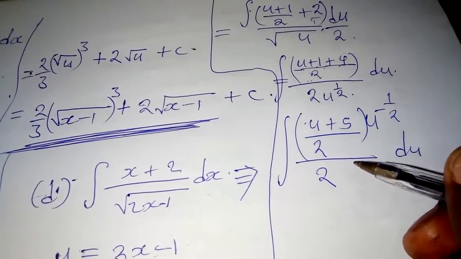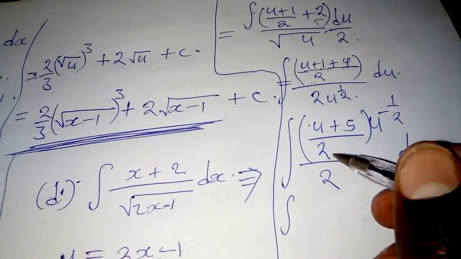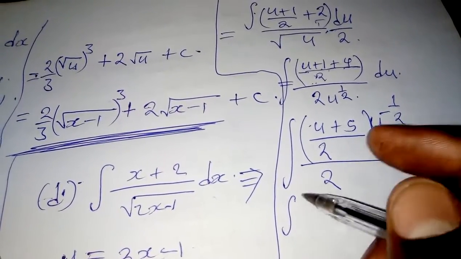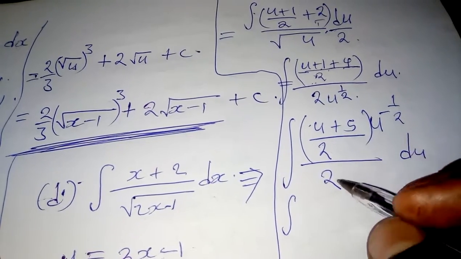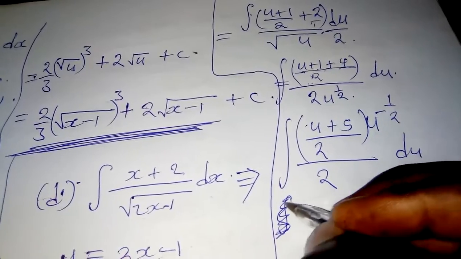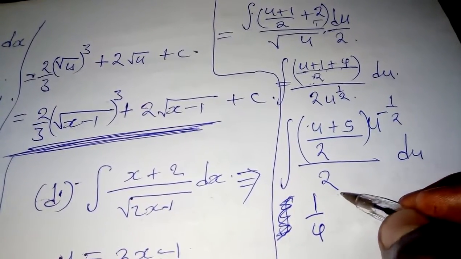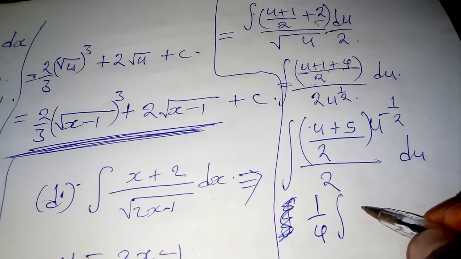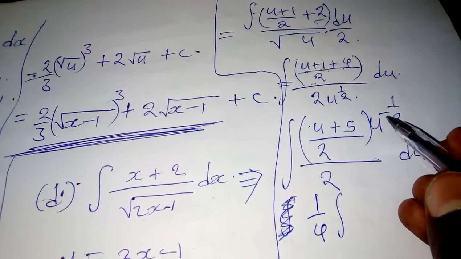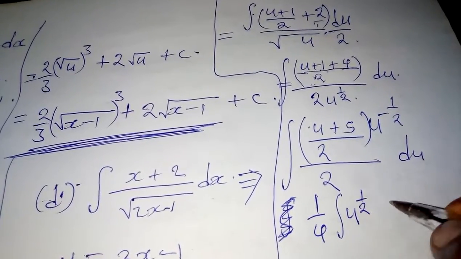So here it's now straightforward. Yeah, we can just simplify it further before we even start integrating. So when you divide this by that, let me just write it here for simplicity's sake, 1 over 4, then the integral of, when you multiply this u to the power negative half times u, you get u to the power half.